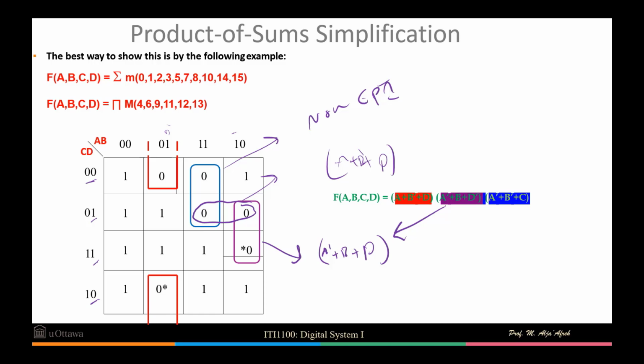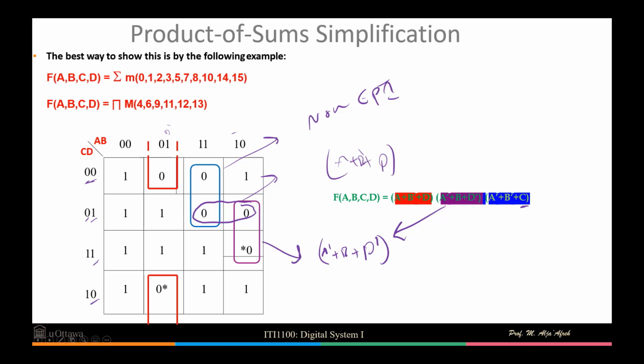And now D prime here. And for the blue one, for sure A and B will be A prime, B prime. And look here, what's not changing vertically is just the 0, which will indicate C at the positive logic because we're taking the product of sum.